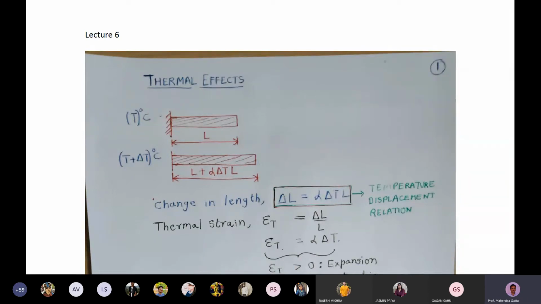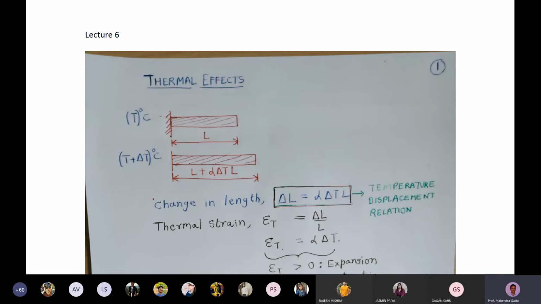First we allowed the bar to expand under the action of the point load P, and then we applied a compressive force so that the bar will come back to its original position. That technique is also known as the principle of superposition. We will use that in today's class.